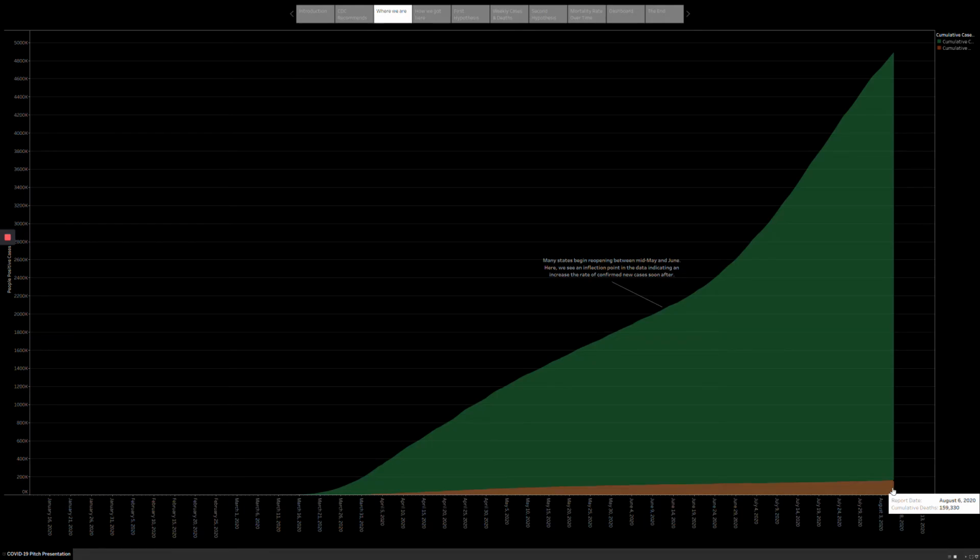To put that into perspective, only 116,500 Americans died in all of World War I, and over half of those were due to disease. I would also like to point out that many states began reopening between mid-May and June, and here we find a possible inflection point near mid-June where the number of reported cases begins to increase.